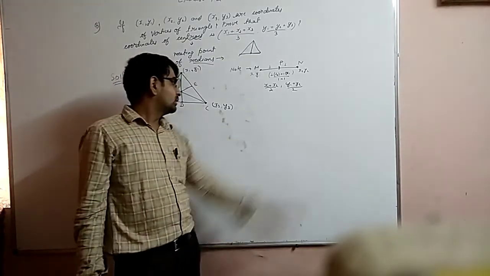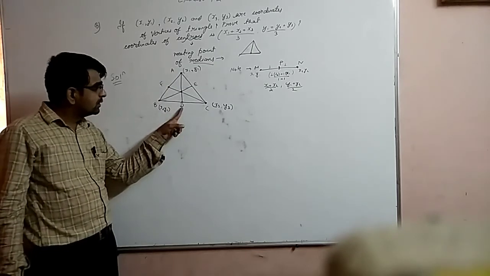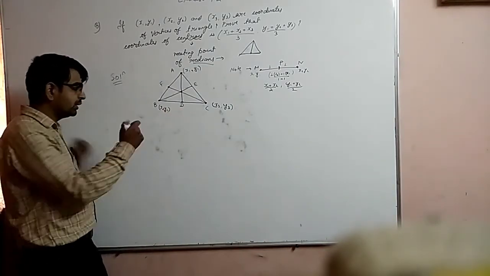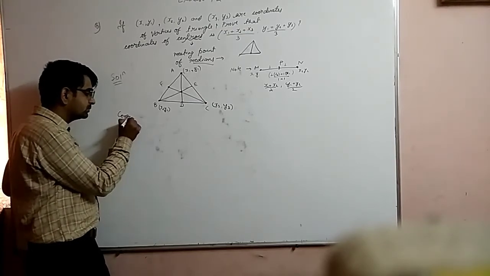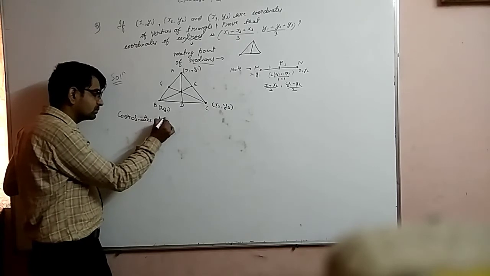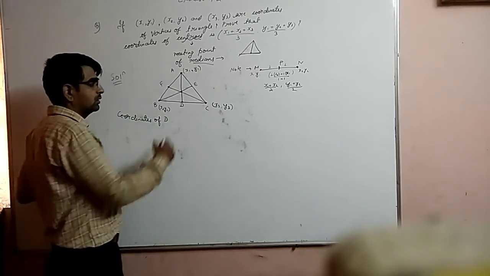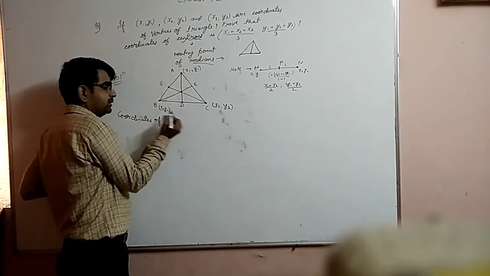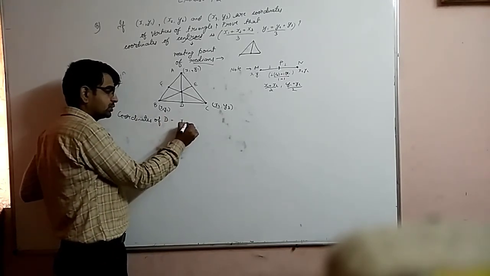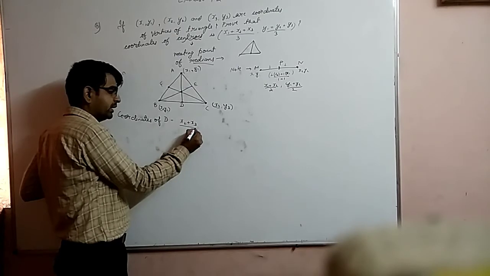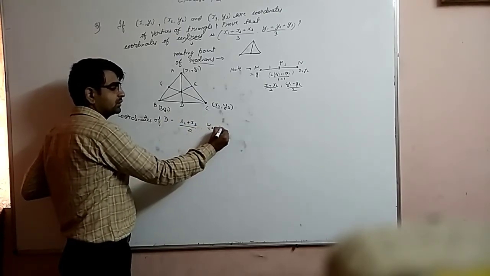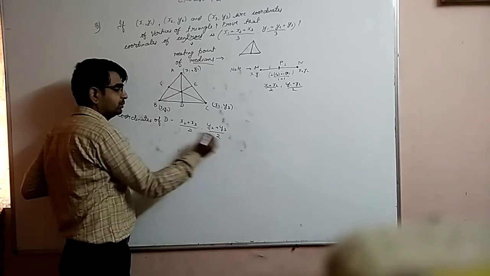Now coming to this, I have D. What will be the coordinates of D? Here it is x2, here it is x3, so x2 plus x3 by 2 and y2 plus y3 by 2.